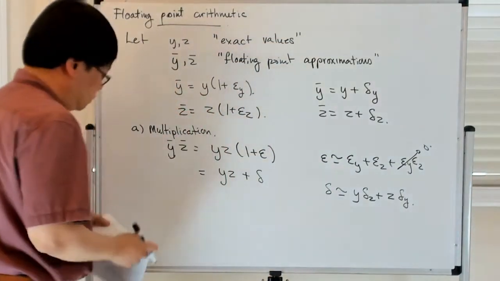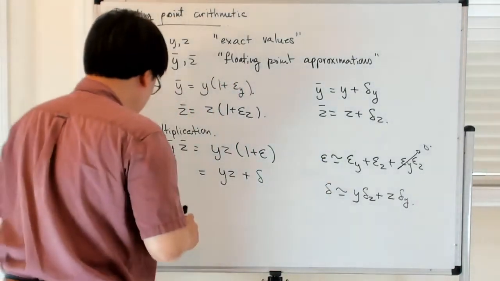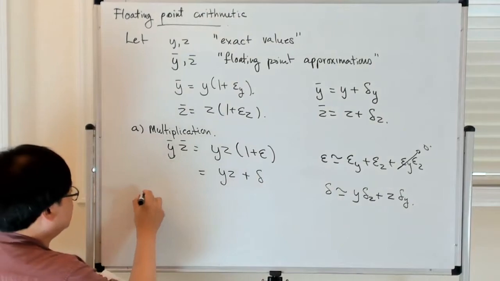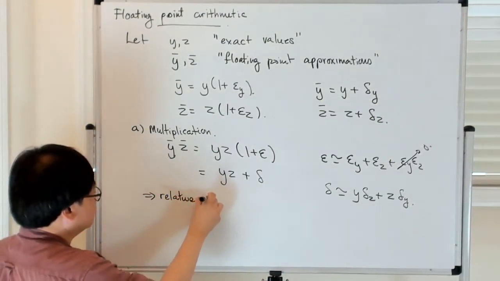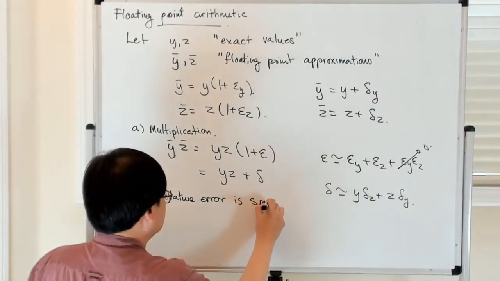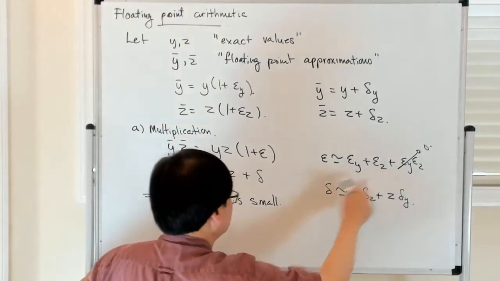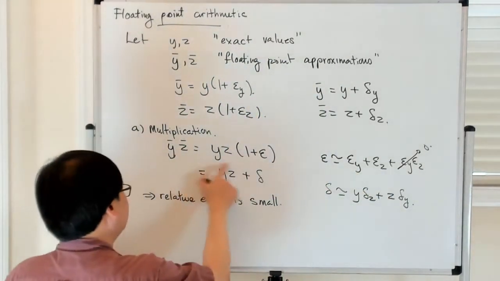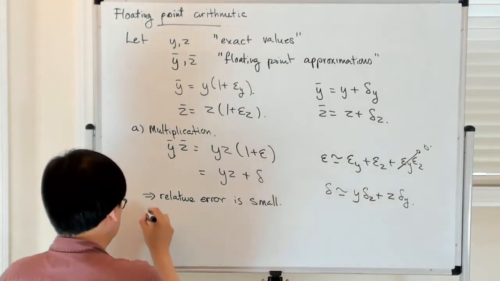In any case, the take-home message here is that if you start with small relative errors, the relative error of the product of two floating point numbers is also going to stay small.